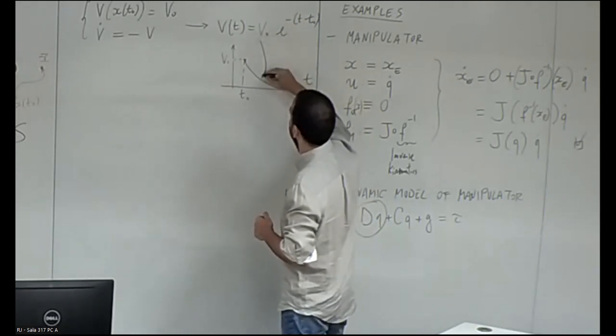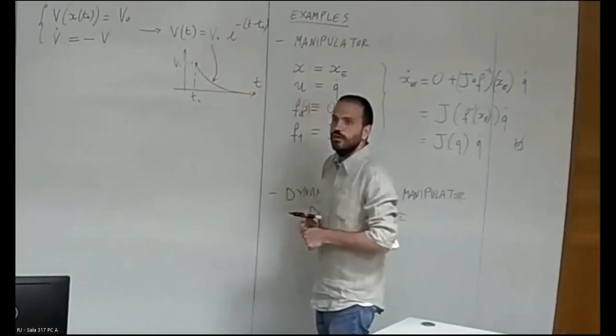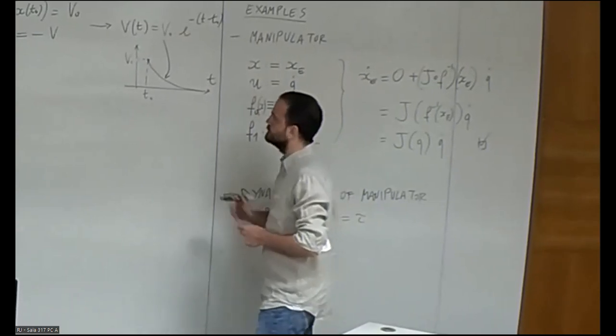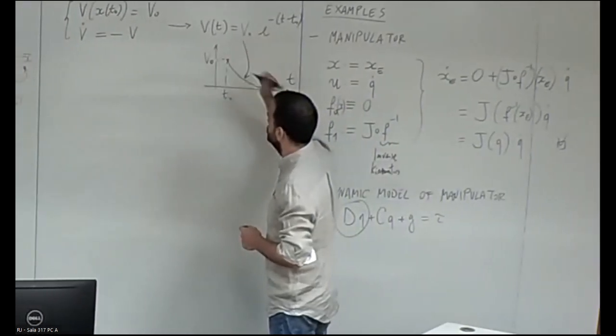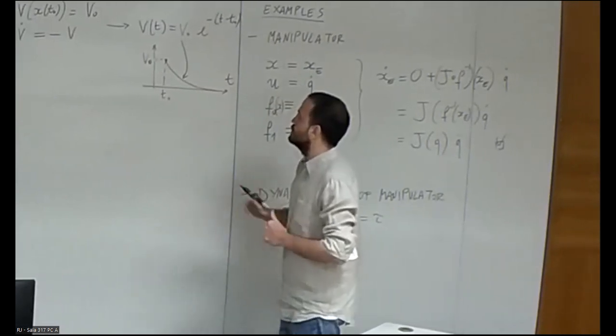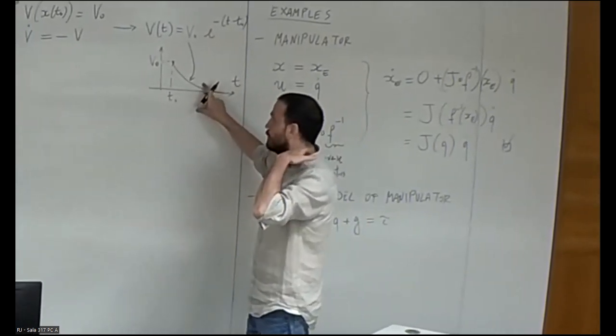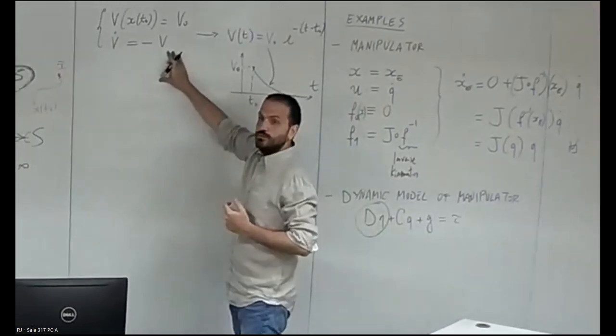This is this function. So this is a good way to make sure that V goes to 0.